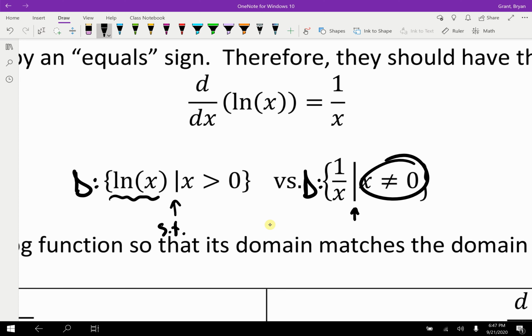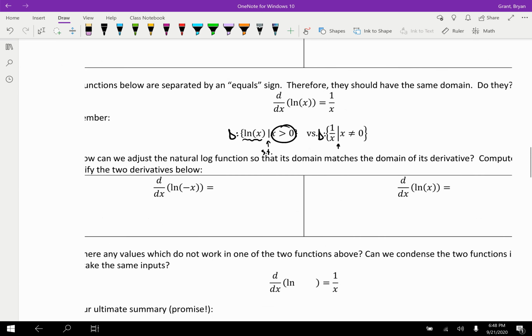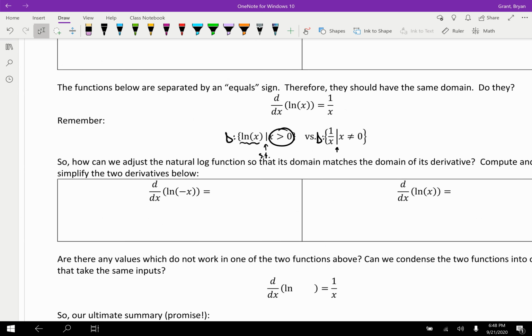And I think these two domains do not match, right? In fact, this domain is twice as large as this one. This is all the numbers greater than 0. This is all the numbers greater than 0 and less than 0. They're both infinitely large. One's just doubly infinitely large. Try that on for size.